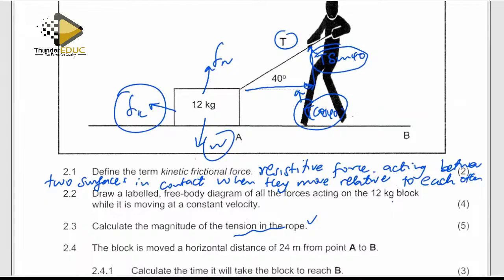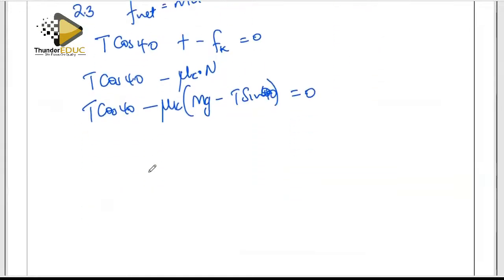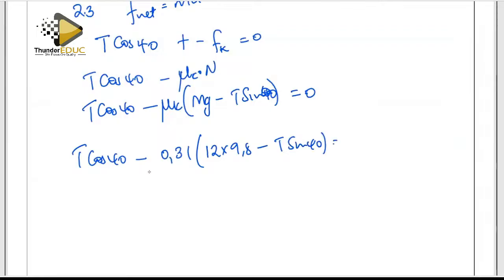So I'll say that T cos of 40 minus the mu K into my mg minus T sine of 40 should give us a 0. Let's just substitute: T cos of 40 minus 0.31 into the mass, 12, times 9.8 minus T sine of 40 should give us a 0.